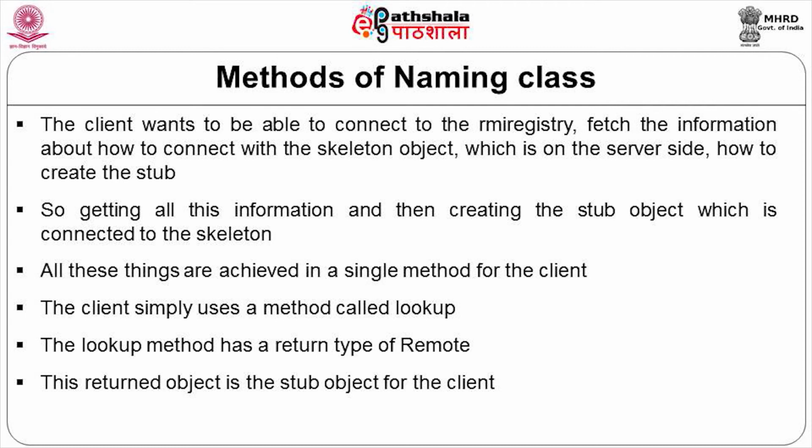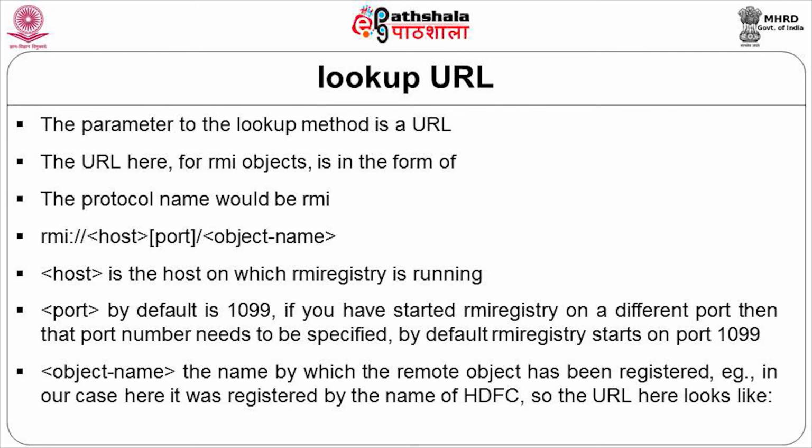The lookup method has a return type of Remote. It's our remote object which was created. When the client says lookup, what the client gets here is a stub object which would be connected with the server. The parameter to the lookup is a URL.